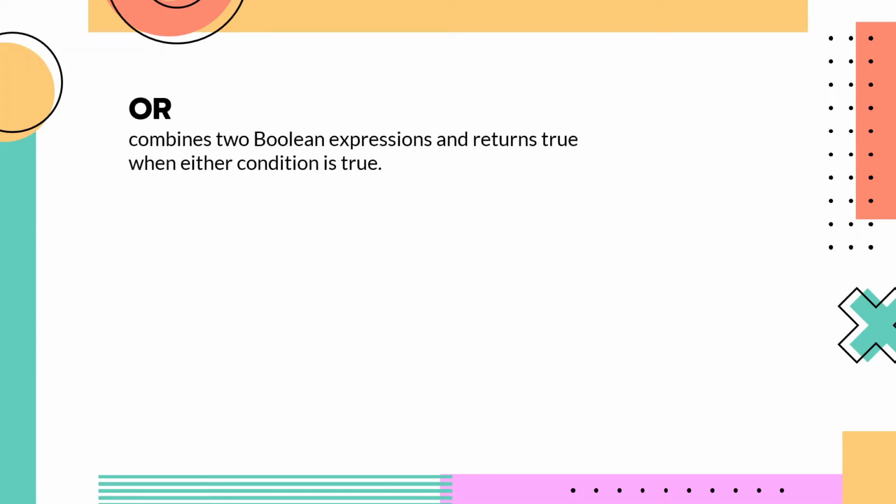And the next operator is the OR operator. The OR operator combines two Boolean expressions and returns true when either condition is true. This image shows the syntax of the OR operator: Boolean expression 1 OR Boolean expression 2.